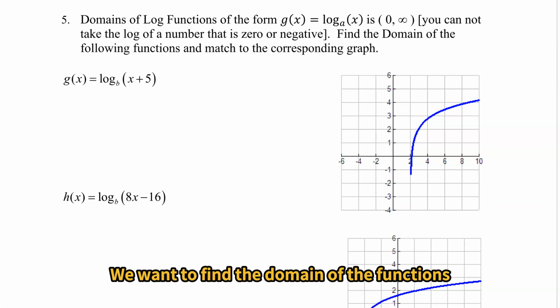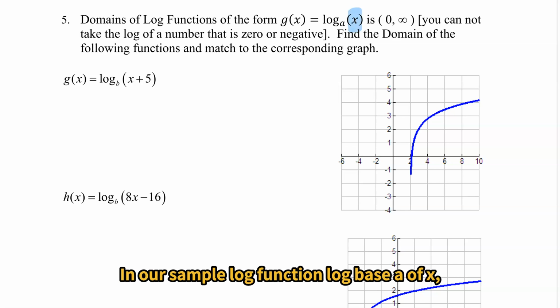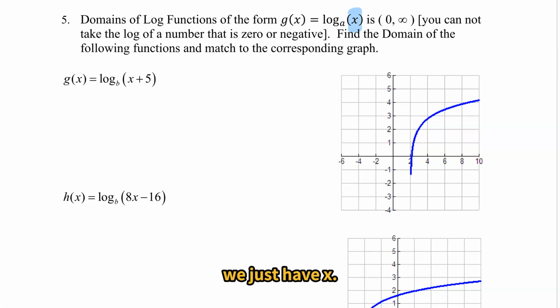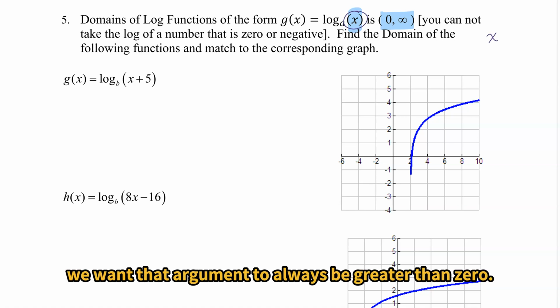We want to find the domain of the functions and match them to the graph. In our sample log function, log base a of x, we just have x, and our domain is 0 to infinity. This essentially means that whatever's the argument of that log, we want that argument to always be greater than 0.